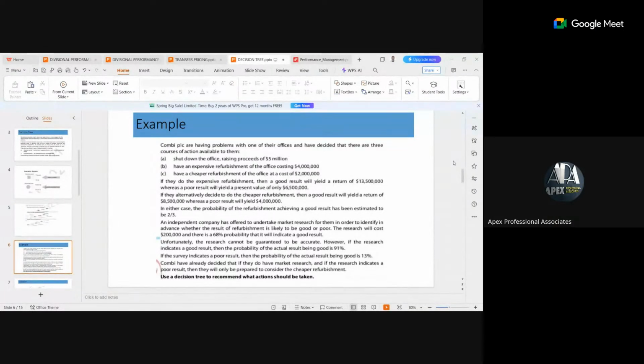But there is a clause here that if the survey indicates a poor result, then the probability of the actual result being good is 10%. Combi have already decided that if the market research indicates poor results, then they will only be prepared to consider a cheaper refurbishment.